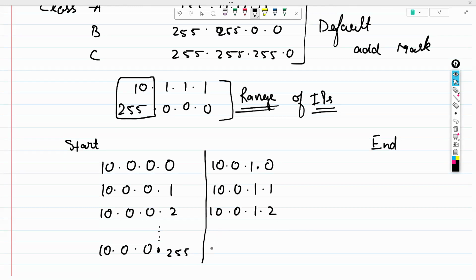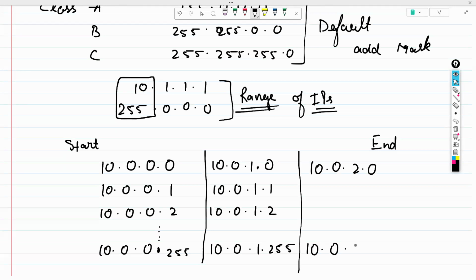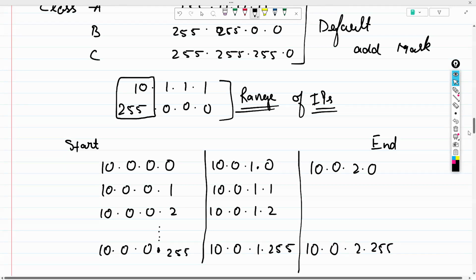Like this, it will go up till 10.0.1.255. Then once that is over, it will go to 10.0.2.0, and it will go up till 10.0.2.255, like this.